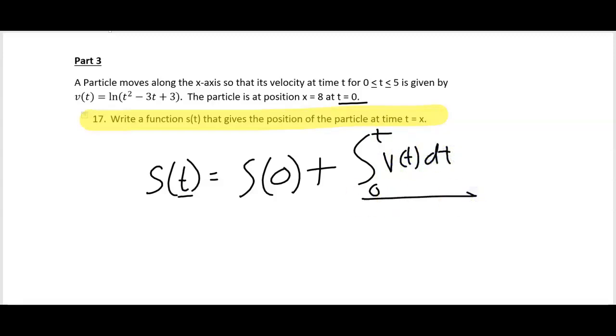So displacement plus starting position equals final position. And now we also happen to know that the starting position of this particle is 8, because the directions tell us that.